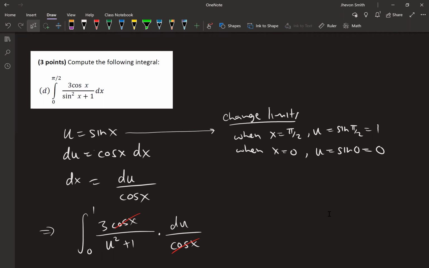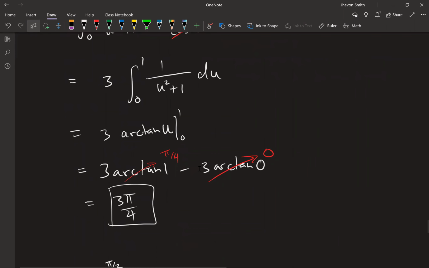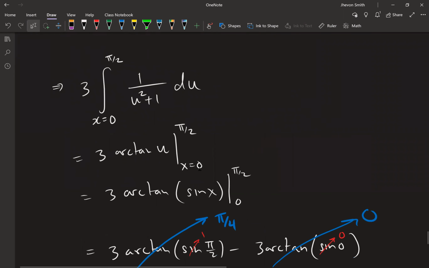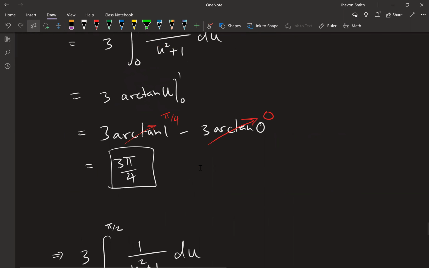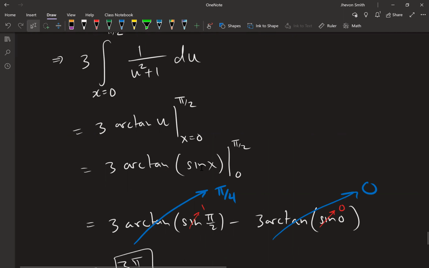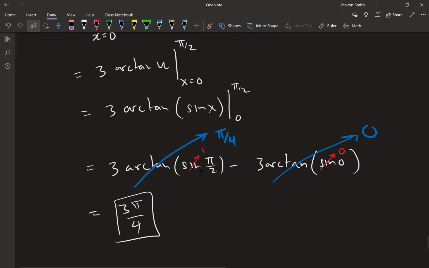Or you can change the numbers using the original substitution equation and then just plug in those numbers into the new variable. And either one is valid, either one is fine. And yeah, so that would be that.